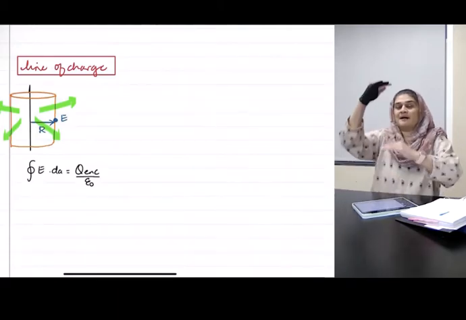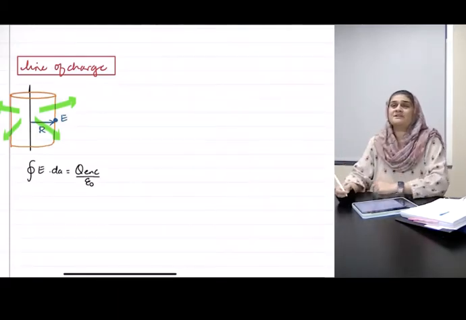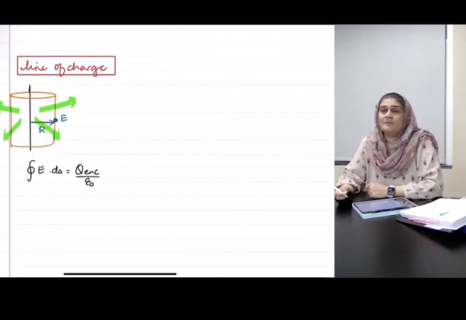The top and the bottom do not matter because E dot dA will be at 90 degrees, and cosine of 90 is 0.